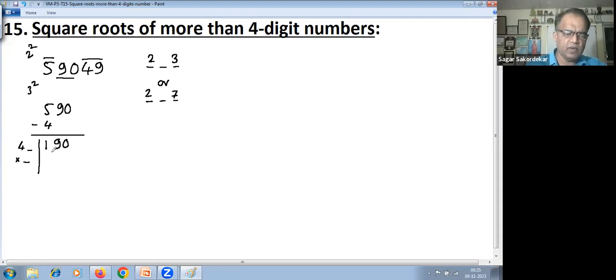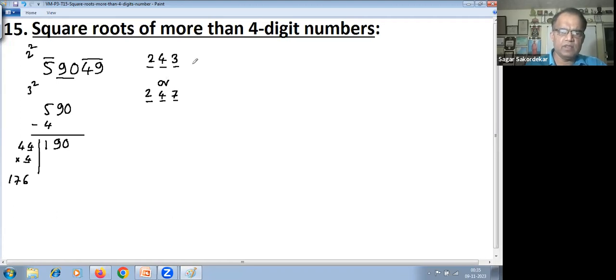You get a number very near to this. So if you go for 5 here, 5 5s are 25, 2 and 5 4s are 20. So it crosses. So let's try 4. 4 4s are 16, 6 carry 1, 4 4s are 16 plus 1, 17. It's very clear, 176 is definitely very near and less than this. So the middle digit is 4.